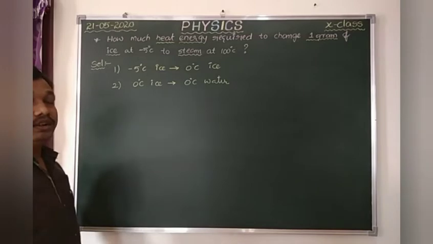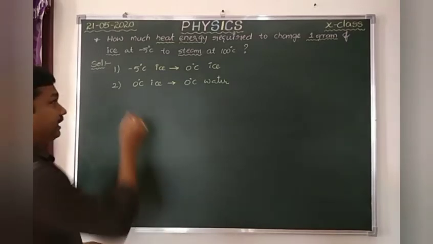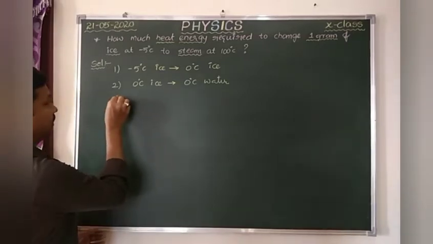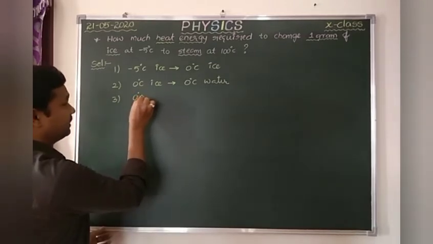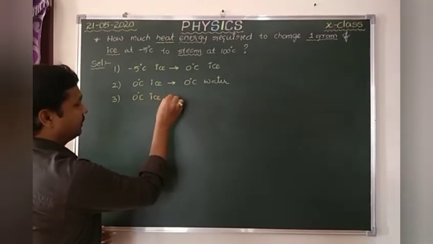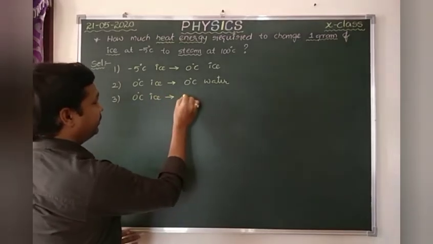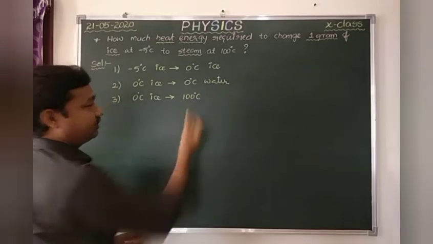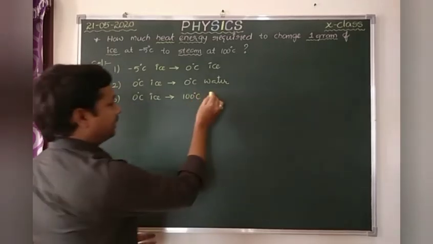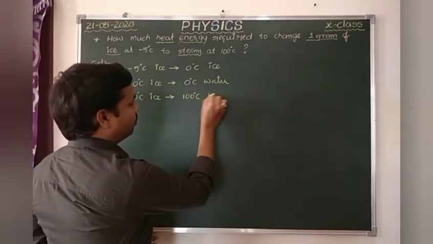Then 0 degrees Celsius water is again converted into boiling water. By supplying heat energy, it increases its temperature, reaches 100 degrees Celsius, and gives you boiling water.